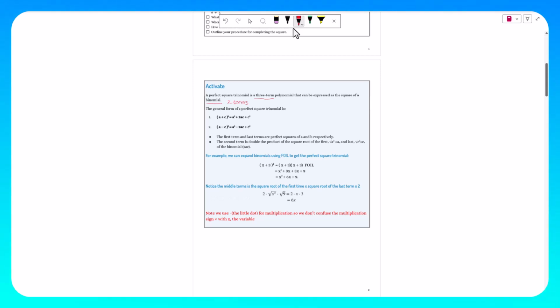And in general, perfect square trinomials can be written as a sum, like a plus c squared. And notice if you FOIL those out, you get a squared plus 2ac plus c squared. And the a and the c can have constants or coefficients.